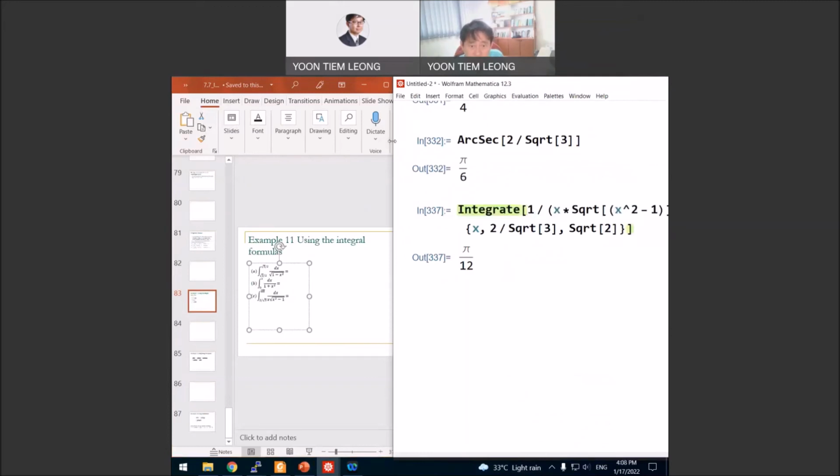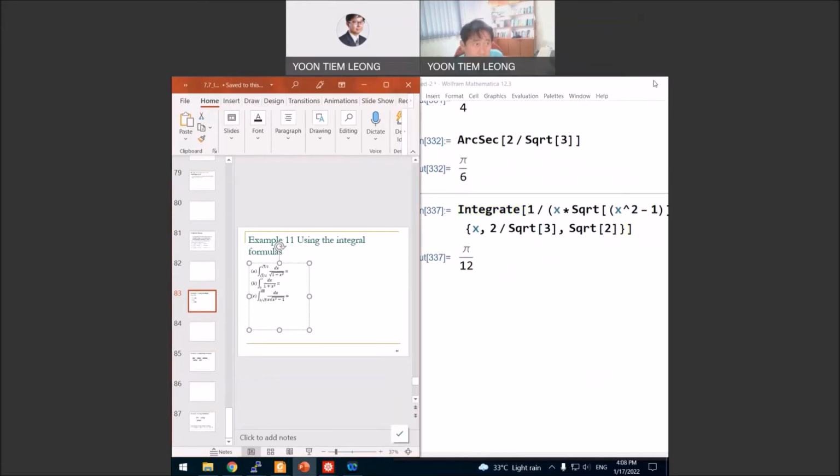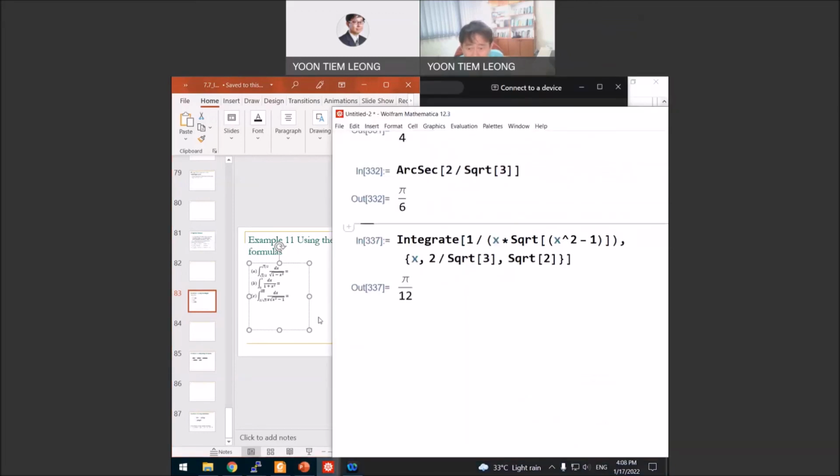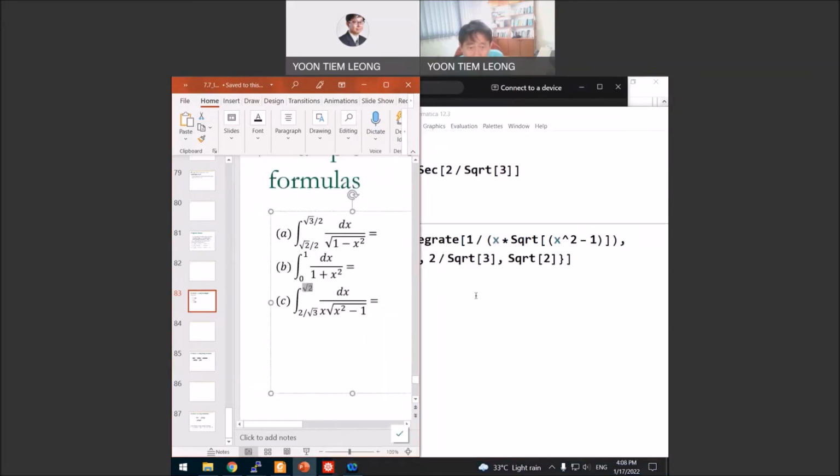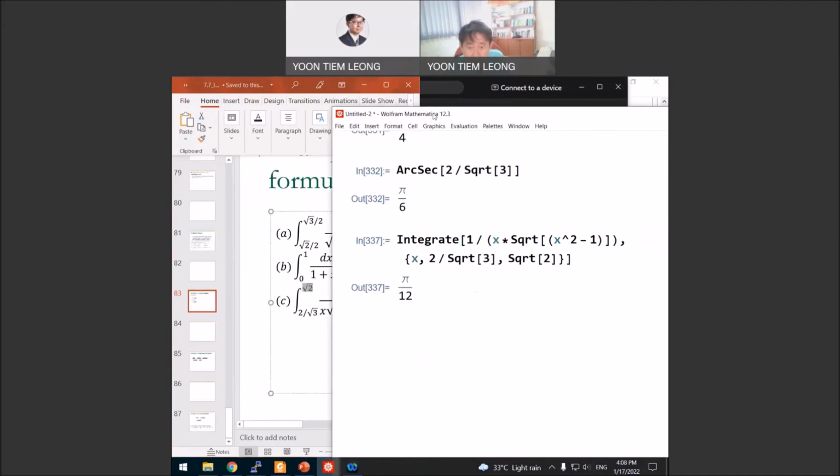It's not seen clearly. I have to do a better job by showing the screen. Okay, I think the screen is not shown properly. Okay, I think it's like this. Here you have these integrations that I want to integrate.